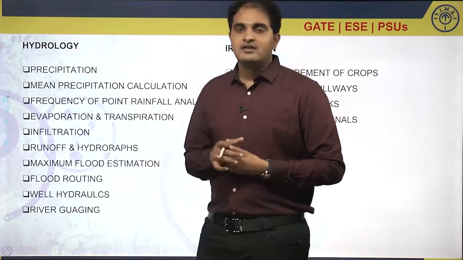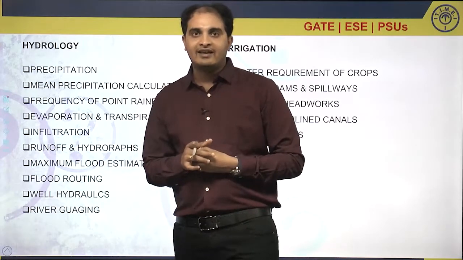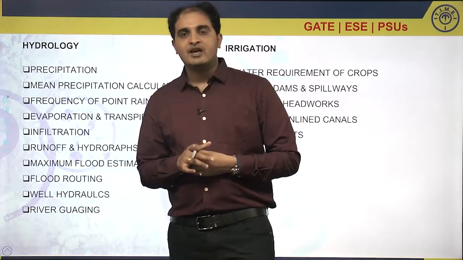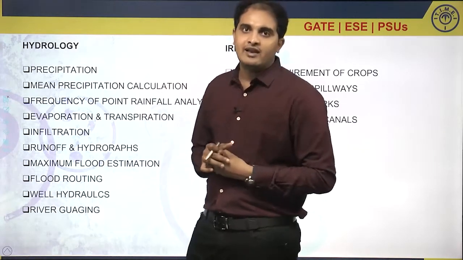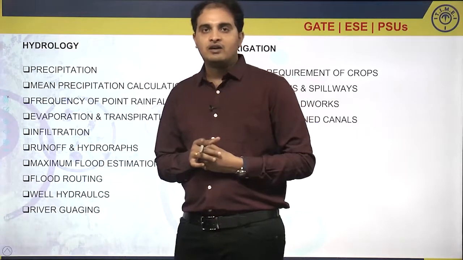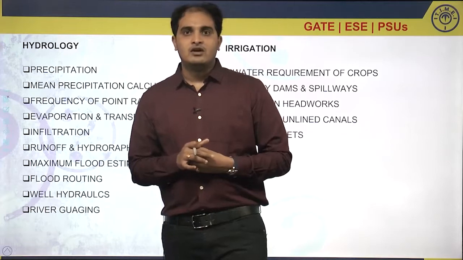Effective rainfall means the rainfall that is contributing to runoff. In the W index, we take P minus R minus initial losses by T, where P is the total rainfall and T is the total time that the rainfall is occurring, and initial losses also we need to account for.